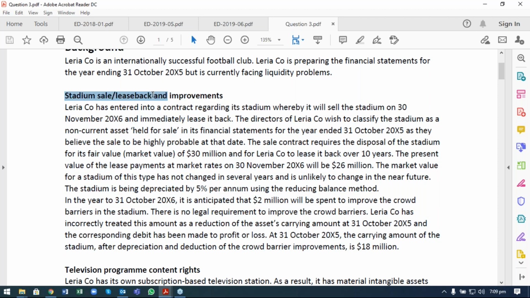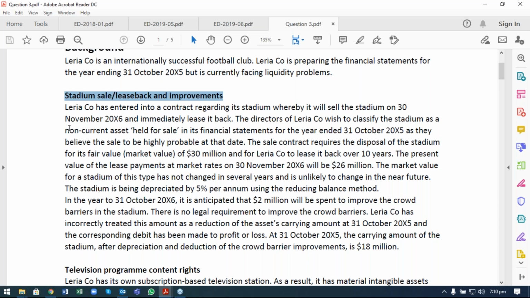One thing is stadium sale and leaseback. Stadium sale and leaseback and improvements is one area where the management of Leria company wants your opinion on how they are going to account for the situation provided within the exam.